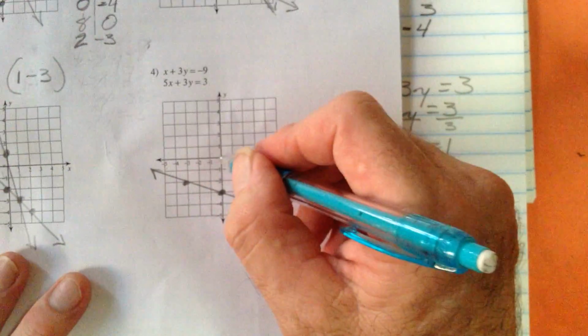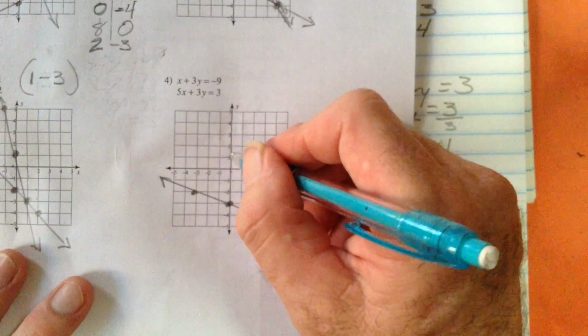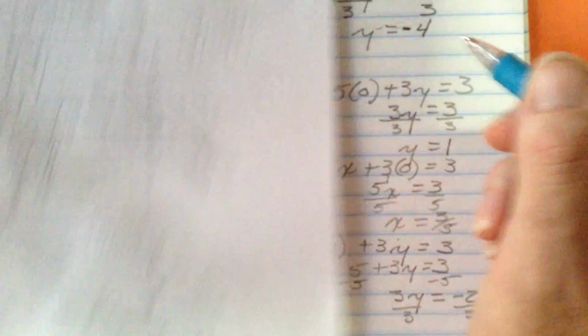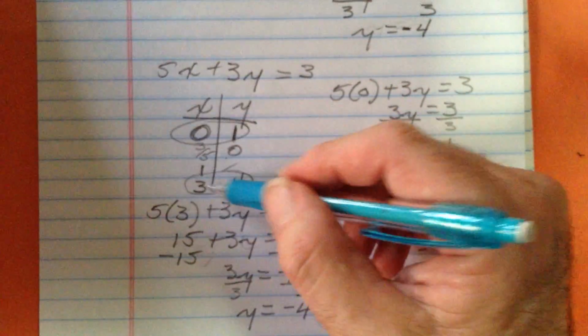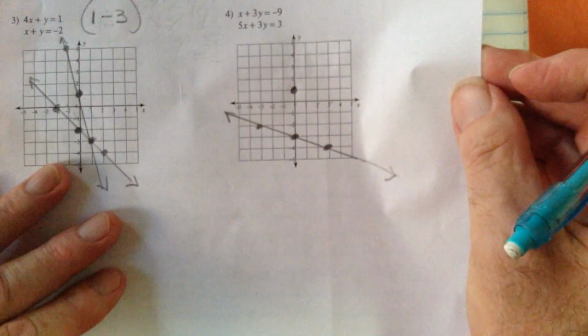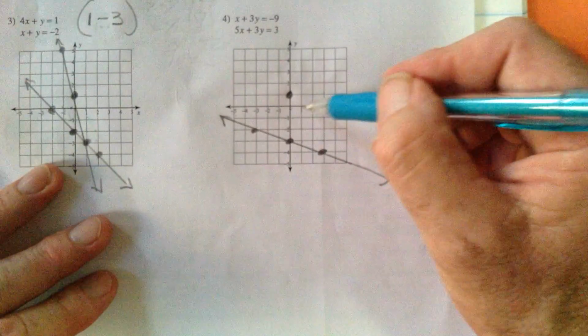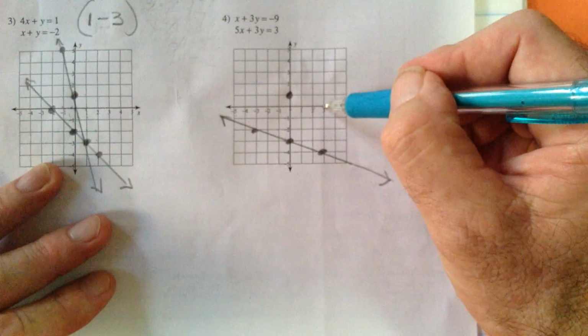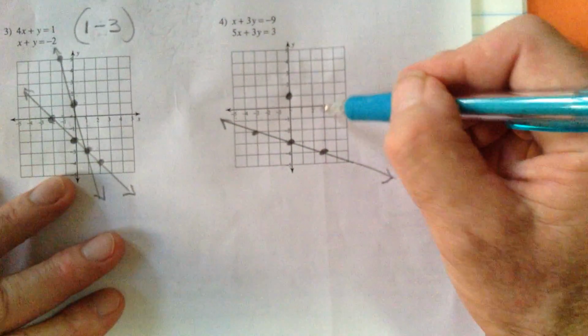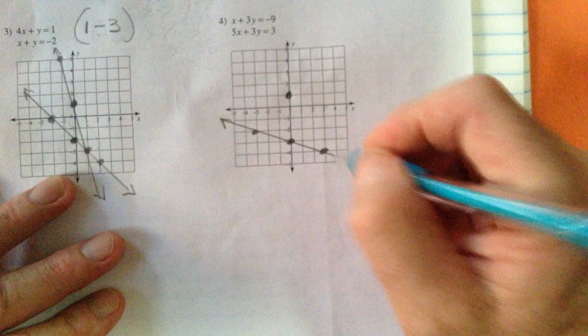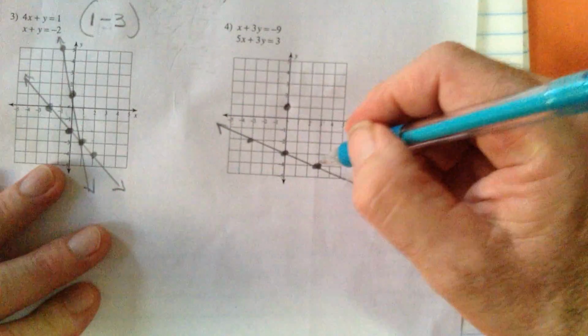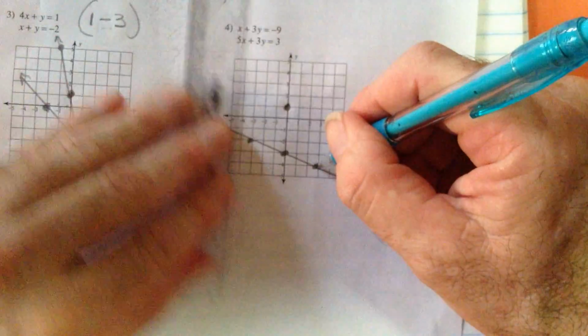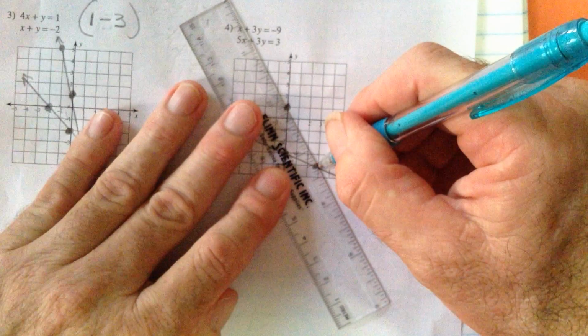So if x is 0, y is 1. And then if x is 3 and y is negative 4, so x is 3, 1, 2, 3, and y is negative 4, 1, 2, 3, 4. There it is already.